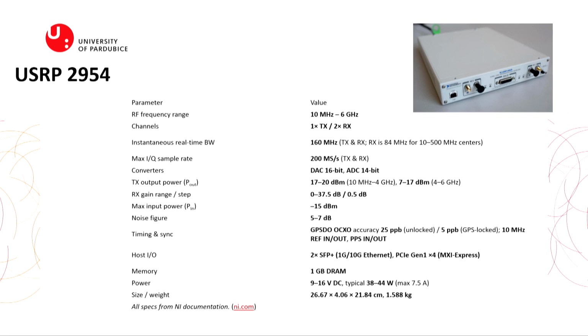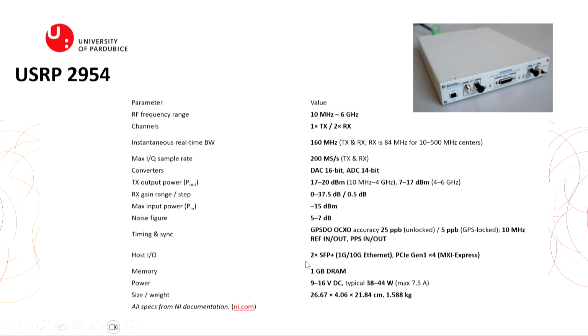So for a small box, nice parameters. The output power is between 17 to 20 dBm, for different bandwidths. You can see RX gain from 0 to 37 dB, maximal input power minus 15 dBm, noise figure of 5 to 7 dB, and memory 1 gigabit, and I think that is all.